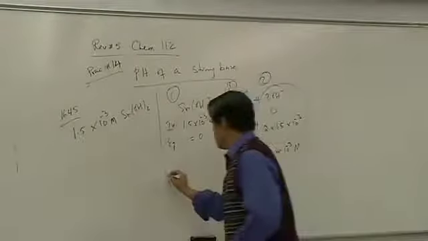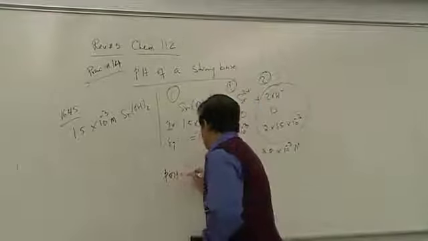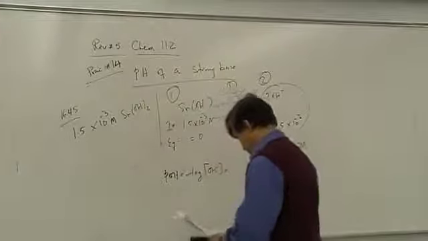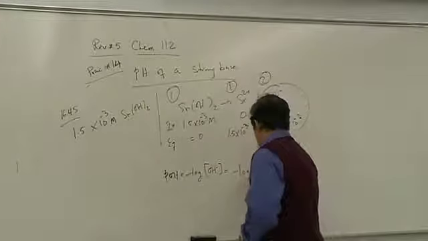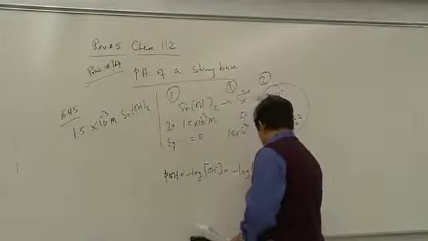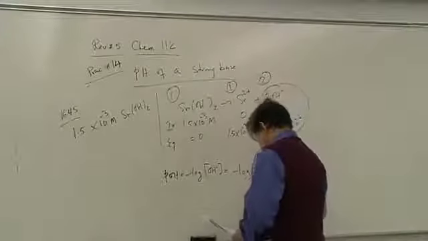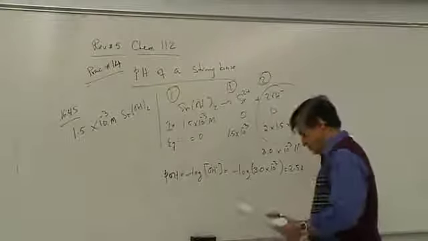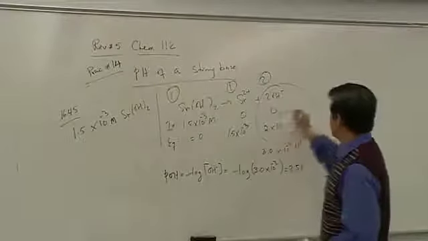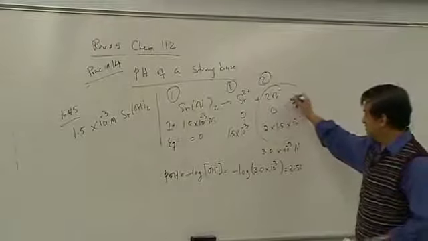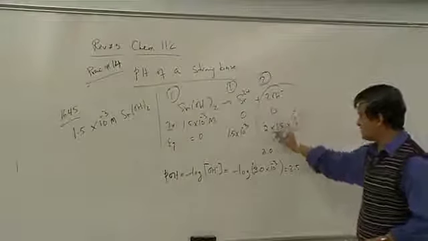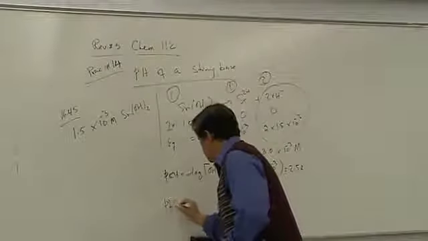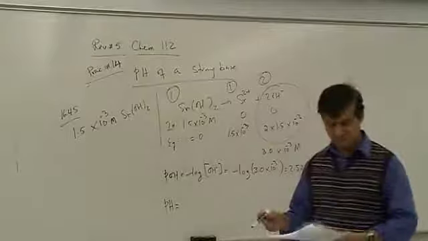And so I can calculate pOH equals minus log of OH minus concentration, which is minus log of 3.0 times 10 to the negative 3, and that gives me 2.52. That's pOH. Now why pOH? Because I have OH minus concentration. If I had H plus, then it would be pH directly. So in order to get pH, you need to apply that formula. pH plus pOH is 14.